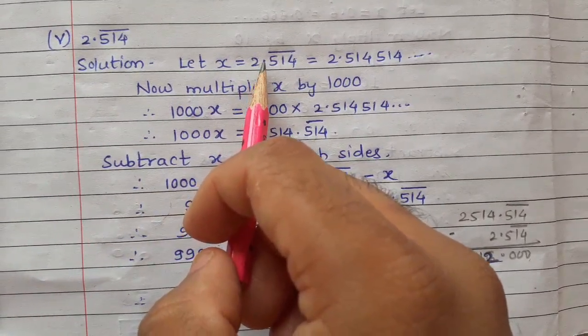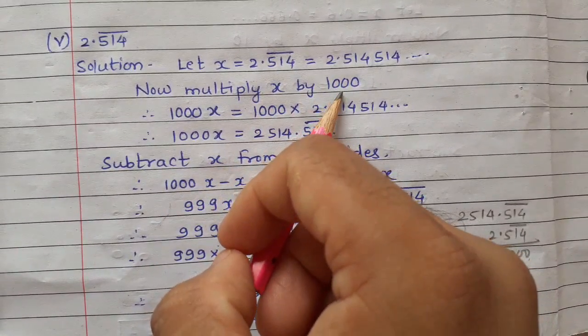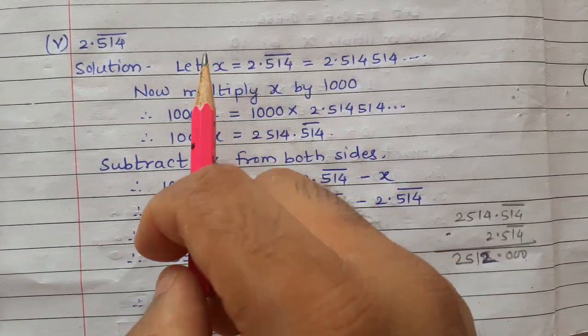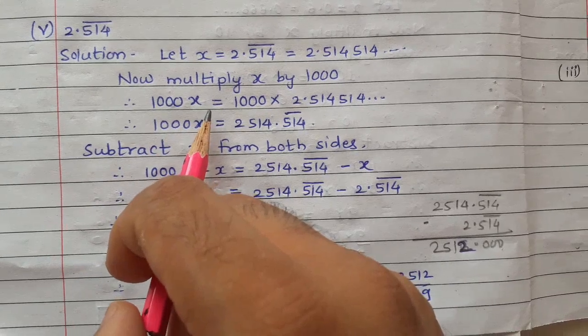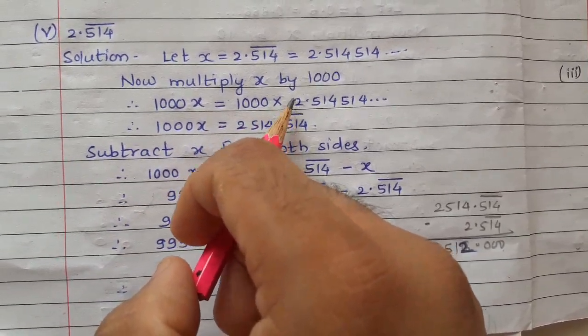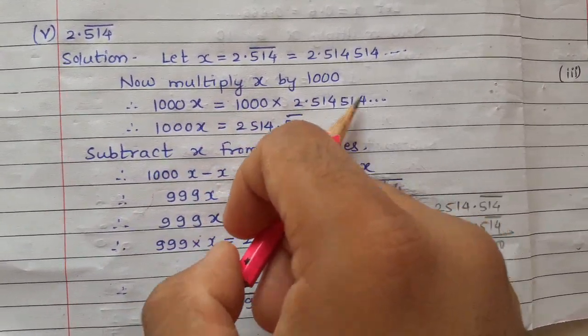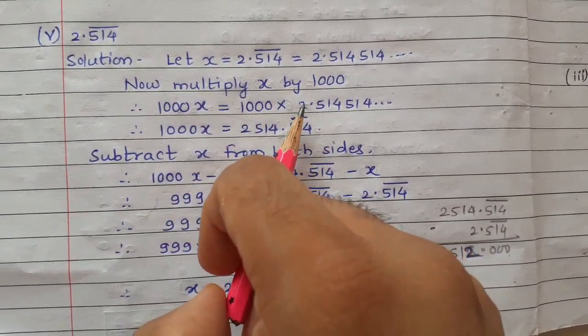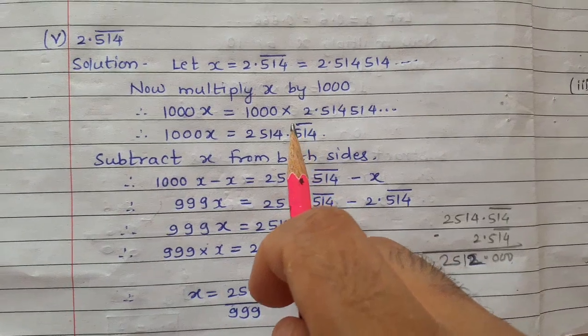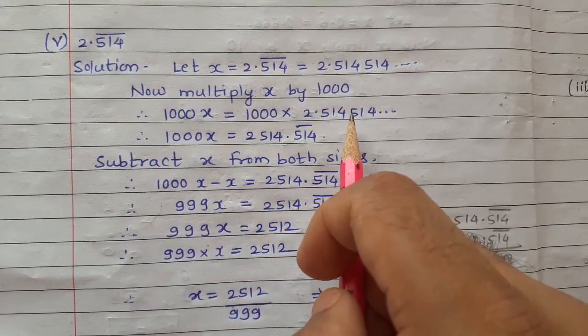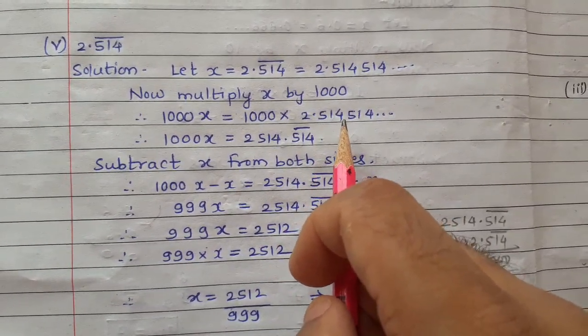Here after the decimal point 3 digits are recurring, so multiply x by 1000. So we have 1000x is equal to 1000 multiplied by 2.514514. If we multiply 2.514 by 1000, then the decimal point shifts to the right after 3 digits.